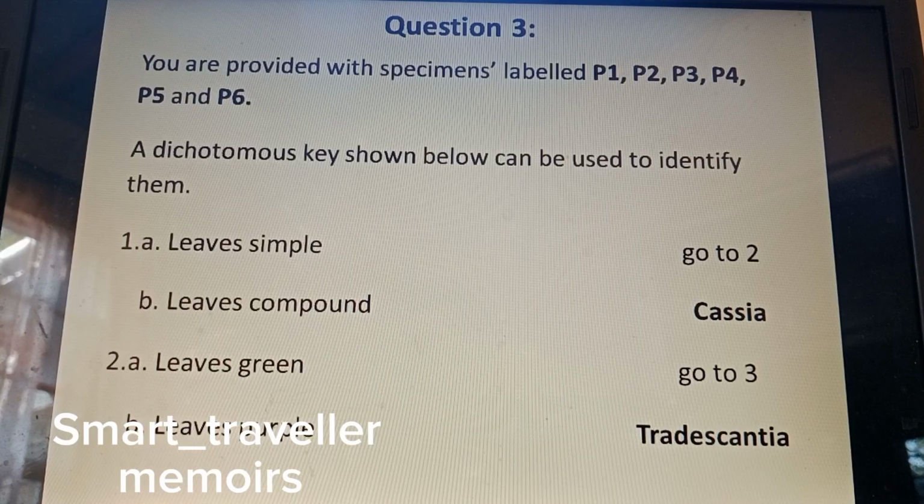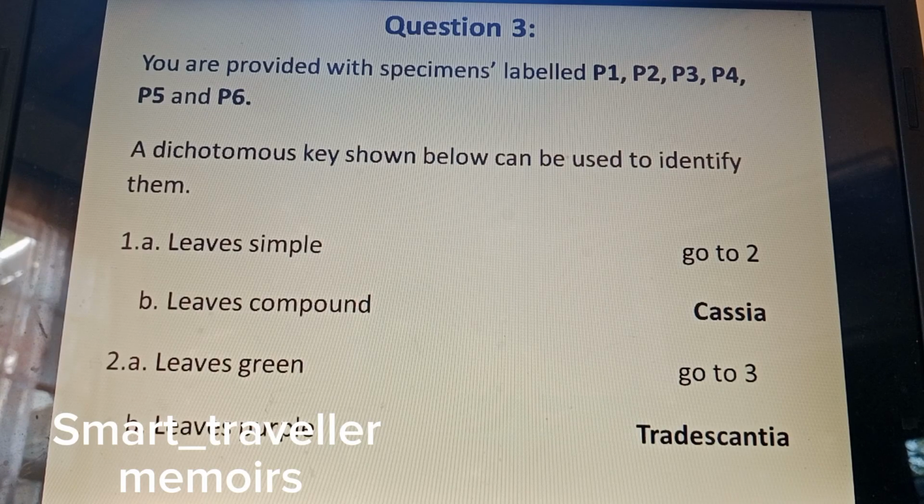Question 3. You are provided with the specimens labeled P1, P2, P3, P4, P5, and P6. And a dichotomous key shown below can be used to identify them. So you are given the dichotomous key. If you find leaves are simple, you go to 2.